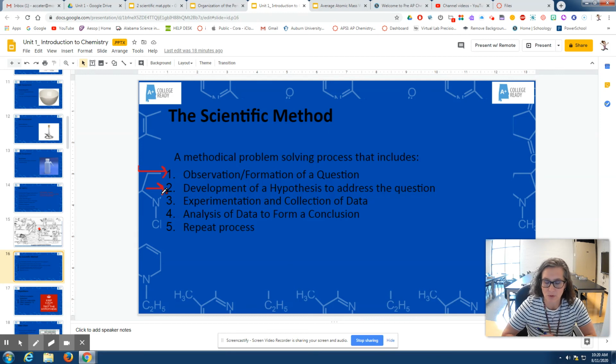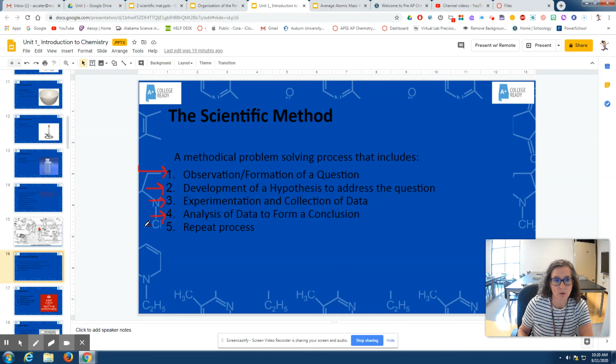And then through the next step, experimentation and collection of data, we determine whether our hypothesis held up under that experimentation, or do we need to change our hypothesis? Okay, so experimentation and collection of data. Analysis of that data to form a conclusion is the next step.